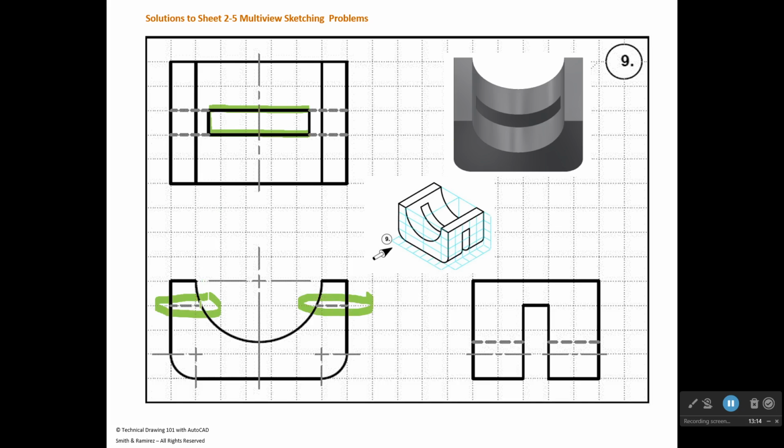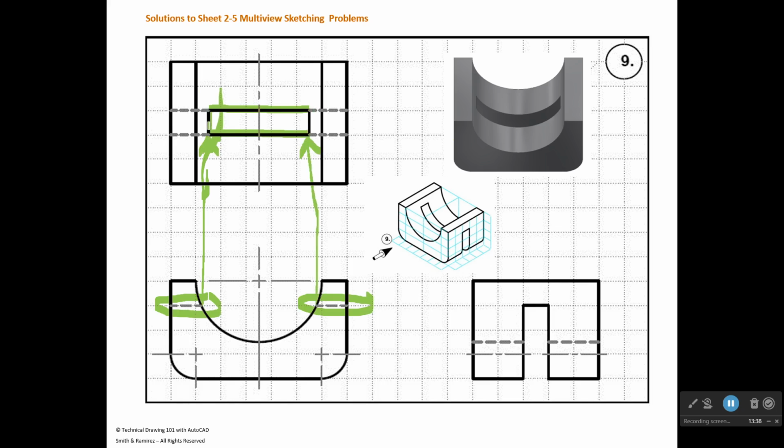If you go to this intersection where that hidden line intersects with this arc, and you project straight up, that line right there is where that projects up, and it does the same thing on the opposite side over here. So that's your visible cutout, right there.